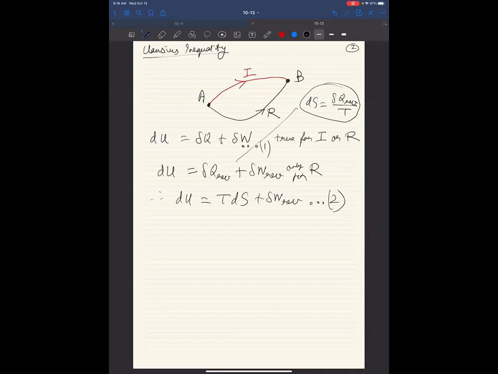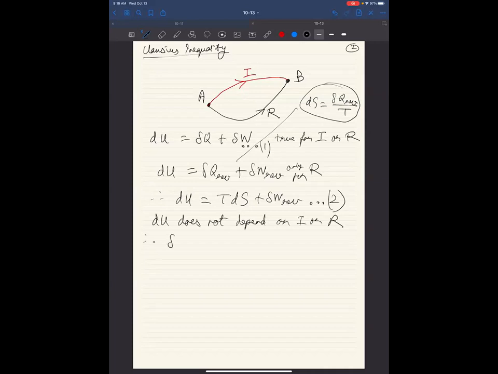My question for you is, what about dU? Is dU going to be different depending on I or R? No, right? Marco is very confident. Why, Marco? It's a state function. So what does that allow us to do? That allows us to equate the right-hand side of equation 1 with the right-hand side of equation 2, because dU is the same. dU does not depend on I or R. It's a state function.